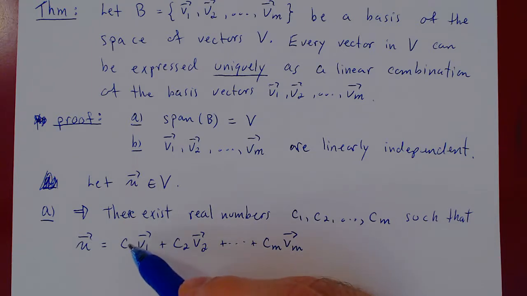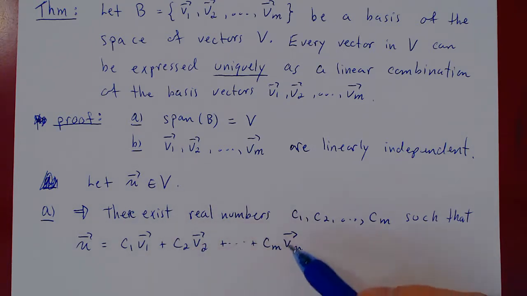So c1 must be unique, same for c2 up to cm. Well, how do we show uniqueness? Well, the idea is, when you want to prove something is unique, assume you have two of them, and then show that they have to be equal.